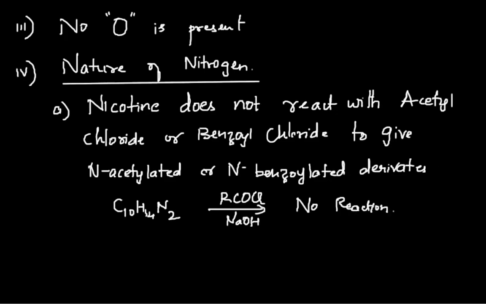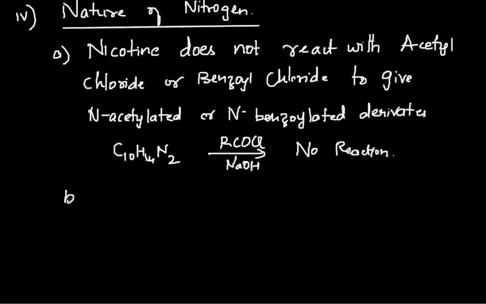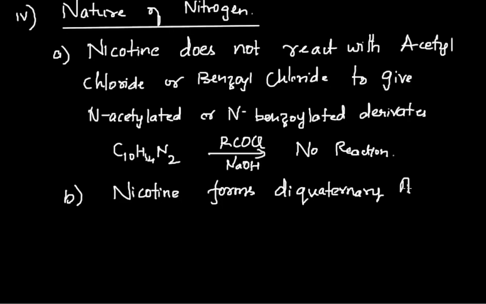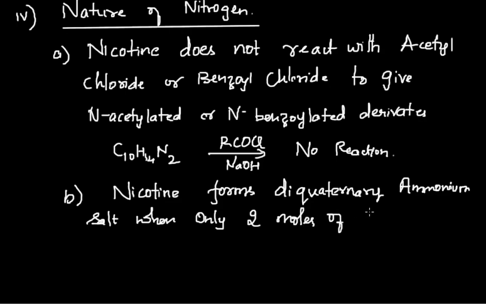Okay. So what does this tell about the nature of nitrogen? Now think B. Nicotine forms a diquaternary ammonium salt when only 2 moles of methyl iodide, CH3I, are added.